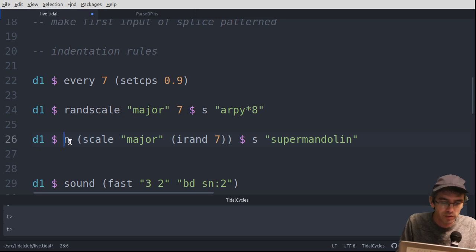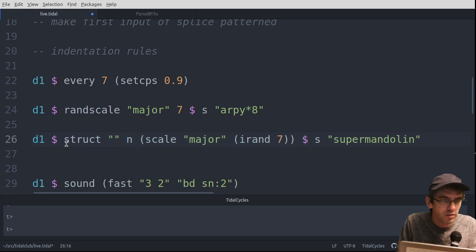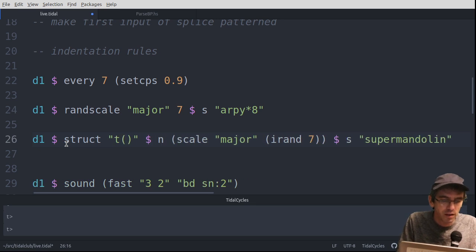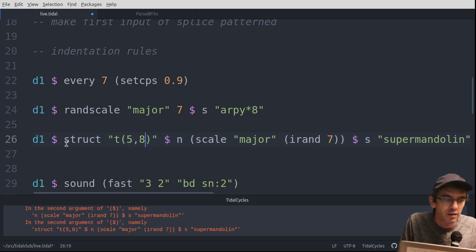I have to structure it in some way because it's coming from a random function which doesn't have any structure of its own. So I'll do that with a Euclidean binary pattern.